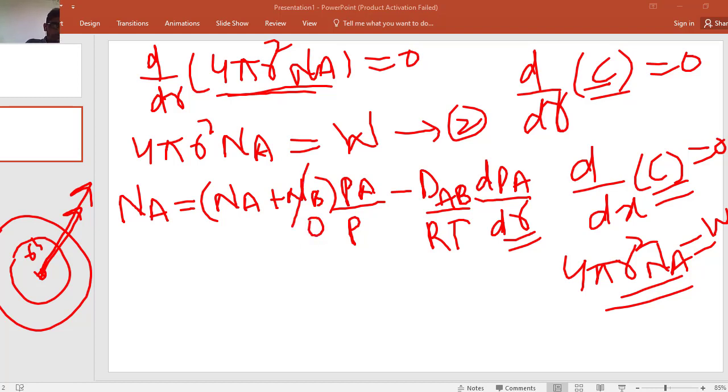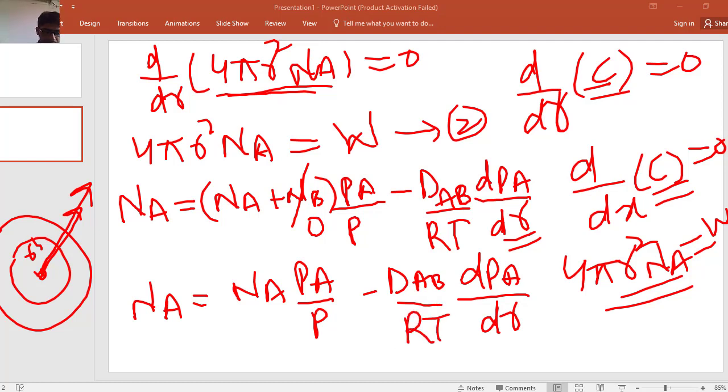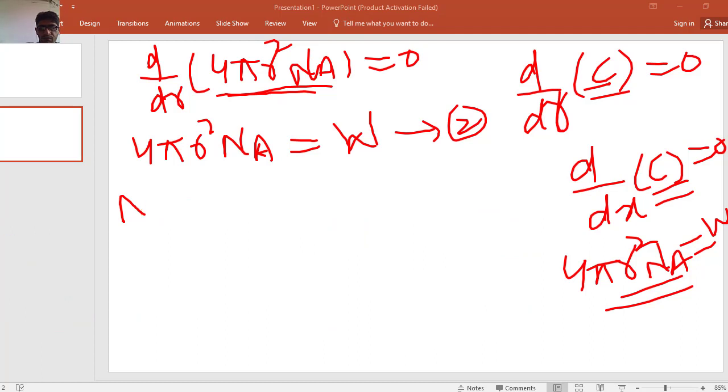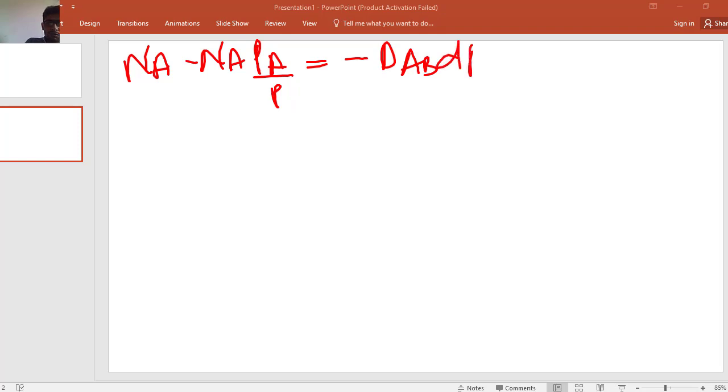After simplifying we get NA equal to NA PA divided by P minus DAB dPA divided by dr into RT. So let us simplify it further.